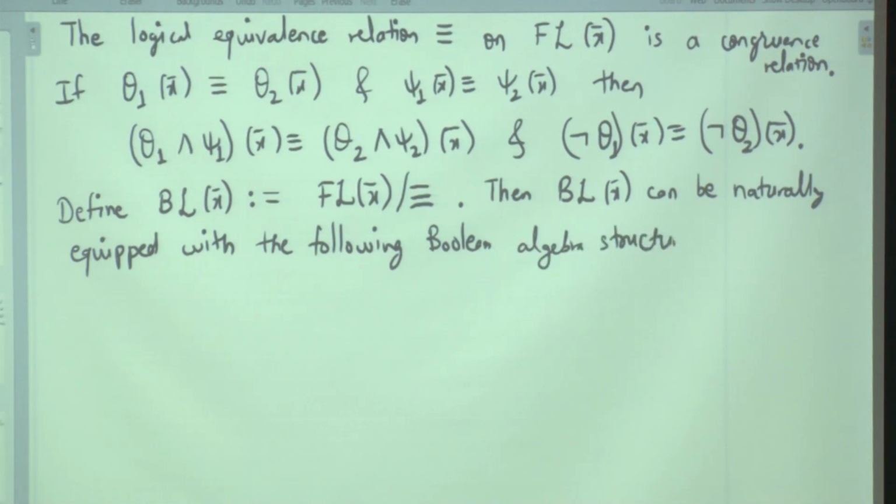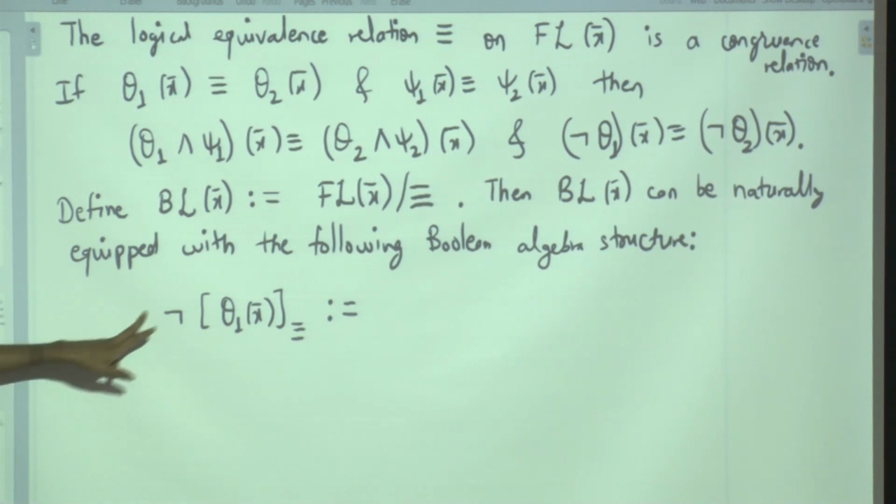Now you have to describe to me what happens. If I take the negation of the logical equivalence class of this, how should I define it? This is the complement of the logical equivalence class of theta 1 x bar. We will define it to be the logical equivalence class of the negation of this.